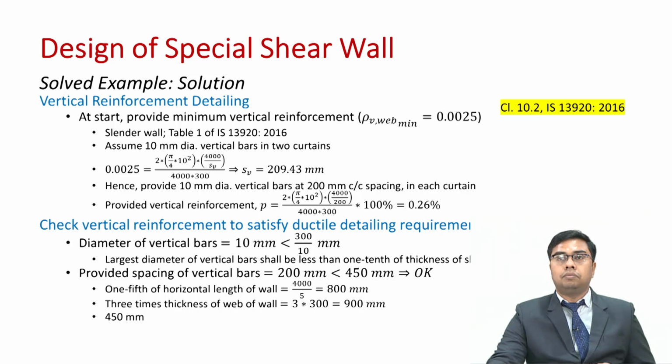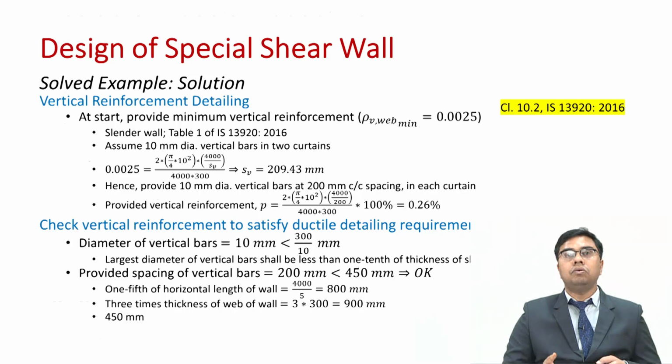But since we have already provided 200 millimeters, now out of these criteria we will select the criterion which is most stringent, that is the spacing of vertical bars cannot exceed 450 millimeters, which is the lowest of these three. Since we have already provided the spacing as 200 millimeters, which is already less than 450 millimeters, this satisfies the ductile detailing requirement and hence is acceptable.